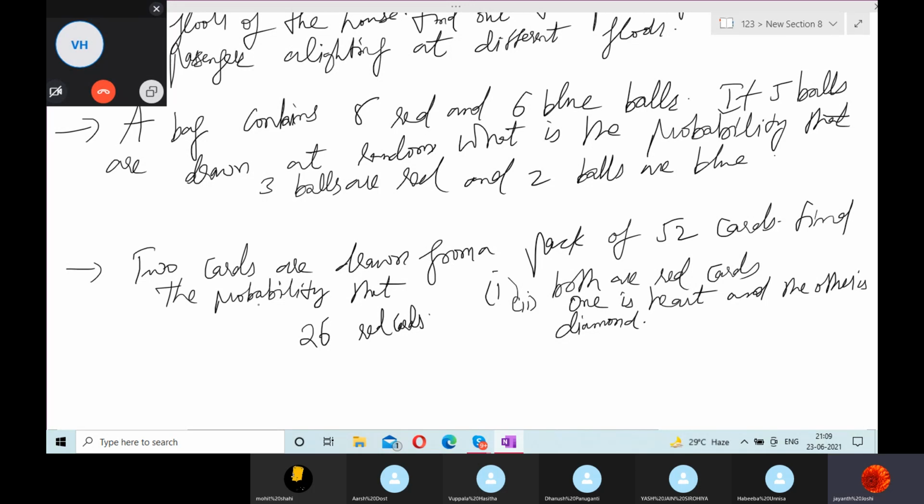So selecting two cards out of 52 cards is 52C2. This is the total outcome. The formula is outcomes by total outcomes. The outcome is you want both the cards as red cards. So 26 cards are red. So 26C2 by 52C2 is the formula.